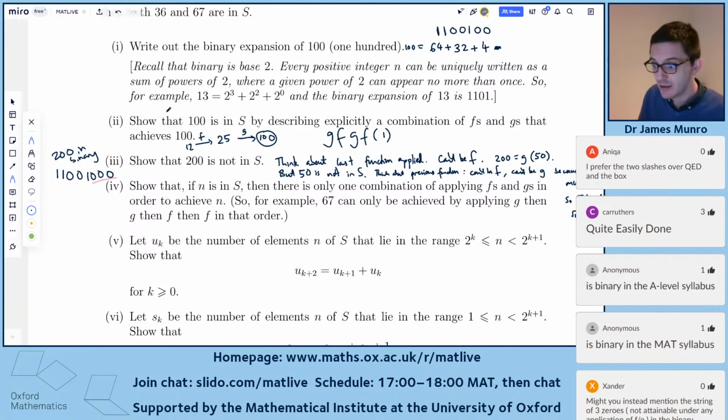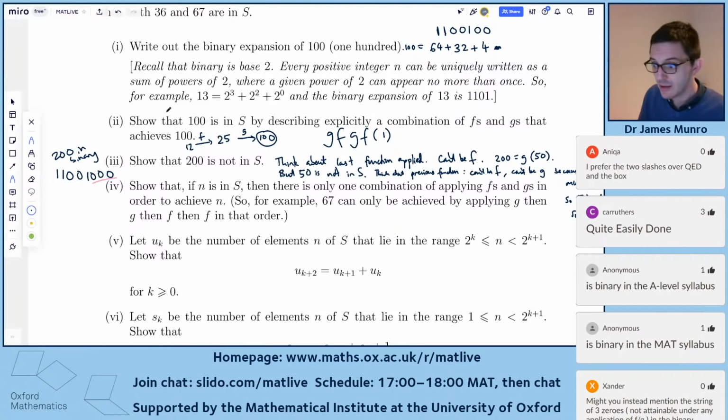Or the set of everybody watching today, the elements are Lun and William and anonymous people and X plus IY and everyone else. Because of what S is, it means the numbers that you can make by applying F and G. There was a definition of S that I didn't read out, which was rude of me. It's in the definition of S up at the top of the question. It's on screen now, but now it's going away because I'm going to scroll down to part 4.